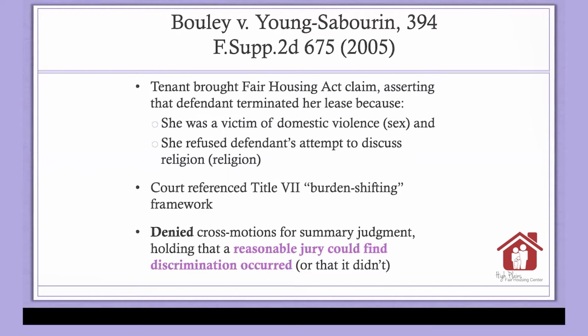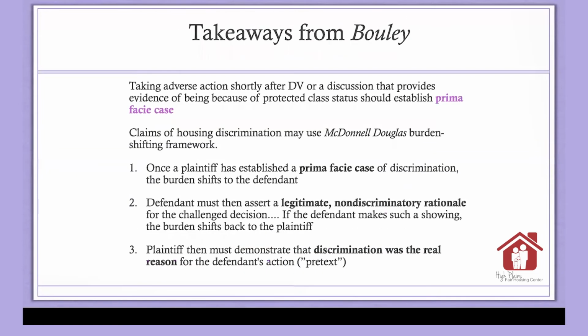Ultimately, the court denied the cross motions for summary judgment that were brought by each side and held that a reasonable jury could find that discrimination occurred, that this was a discriminatory housing practice based on sex or based on religion or both, and that likewise a jury could decide that it didn't meet the level of a discriminatory housing practice, but it was not going to be decided on summary judgment.